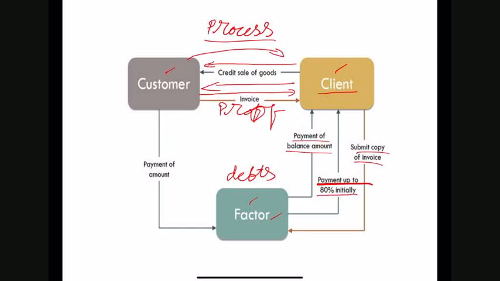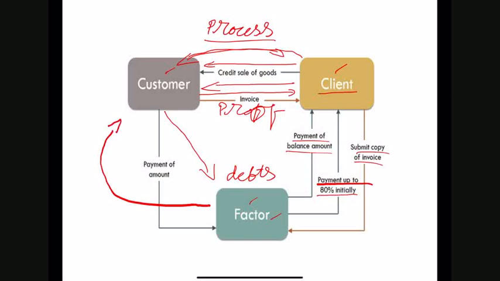Then I will instruct my customer to pay the amount to the factor after the expiry of the maturity period. The customer will repay to the factor. In case the customer is adamant and not responding, the factor is a very specialized person in credit management.